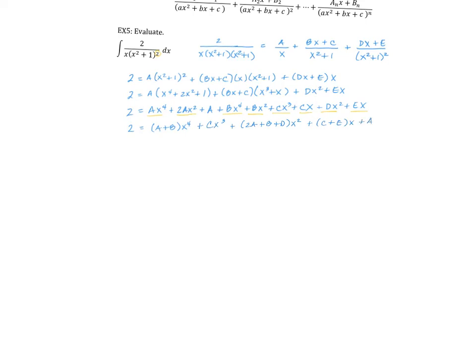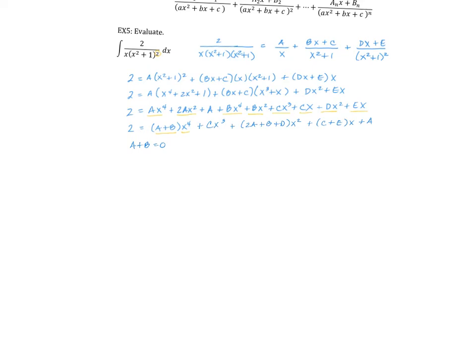Wow, this is going to be crazy. So let's see what happens though. Notice that on the left hand side I just have 2. I don't have any x to the 4th or x to the 3rd or x squared or x. So those are all just 0, which means that a plus b is equal to 0. That's for this first one here because I don't have any x to the 4th.